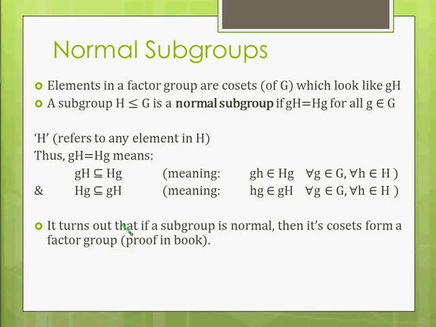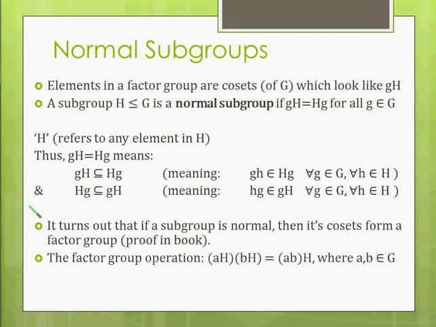By the way, there's a proof in the book. If you can't find a proof, just Google: if a subgroup is normal, then its cosets form a factor group. You'll find something good. If not, let me know.